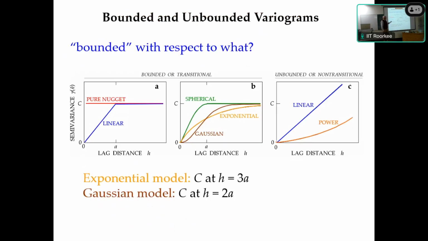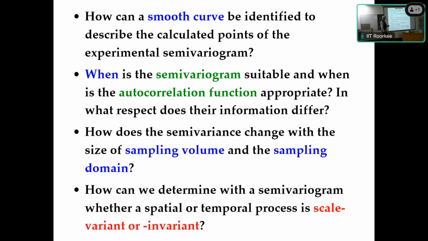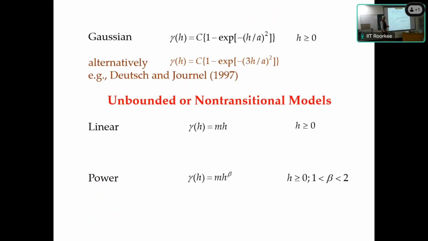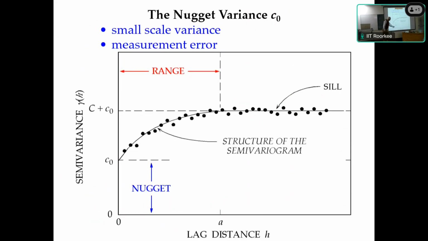Beyond this we have a basic structure component, and that one is the nugget. On top of the nugget, we have this curve, probably a spherical model. We also can have on top of the nugget an exponential or a Gaussian model.